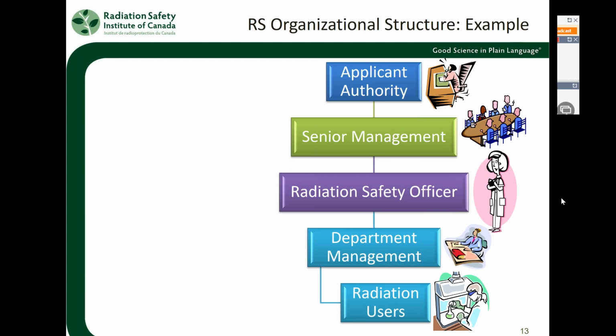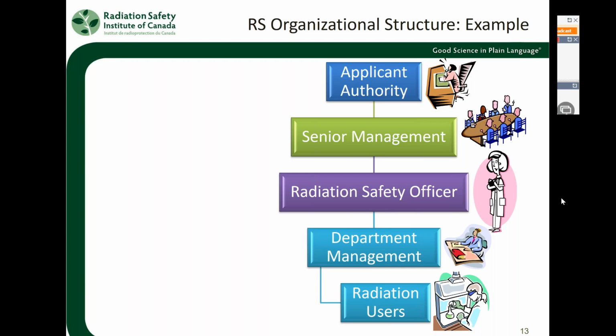You may have quite a complicated organizational chart for the overall structure of your organization, but when applying for the license and putting together a radiation safety manual, it's only the organizational structure as it pertains to radiation safety. The top of the structure should be the applicant authority, for sure, because that is the person who is signing off on the license application.